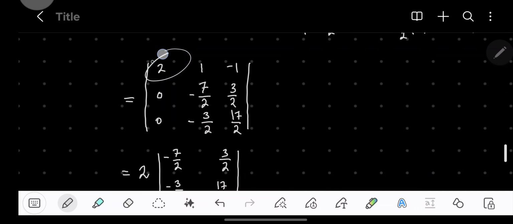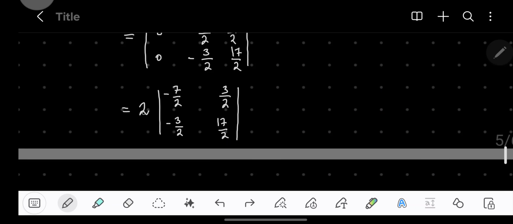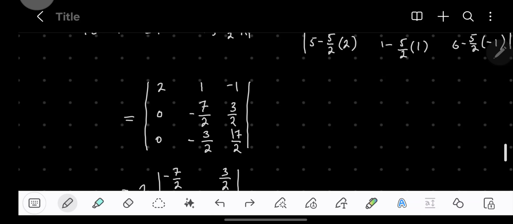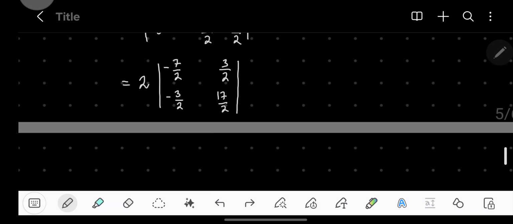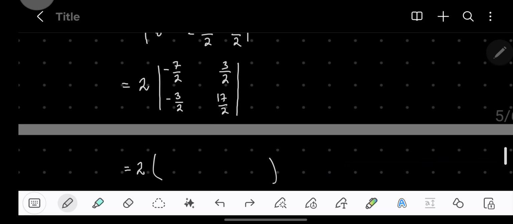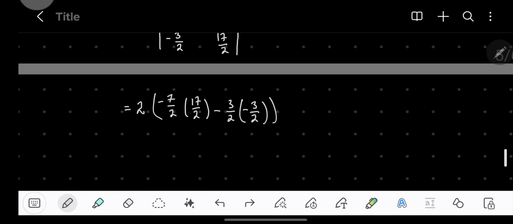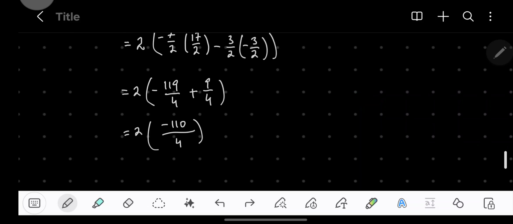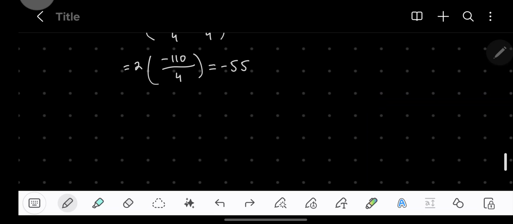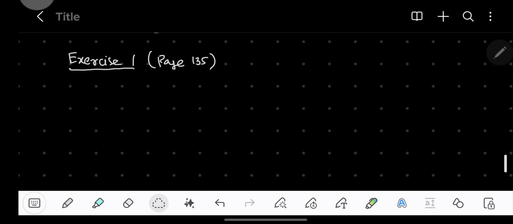Then I will skip this and this, and I will write the determinant of this submatrix. Now if I write this 2 and the determinant of this, I will get this, and then after a little simplification, my answer is negative 55.